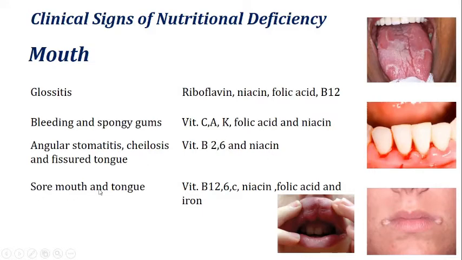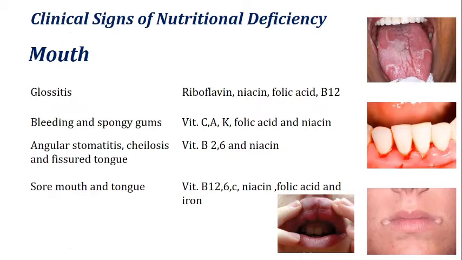Sore mouth and tongue, it means the soreness at the corners of the mouth. So it can be in relation to vitamin B12, B6, vitamin C, niacin, folic acid, and iron deficiency. So these are some common clinical signs that we can use in nutritional assessment when we observe the mouth.